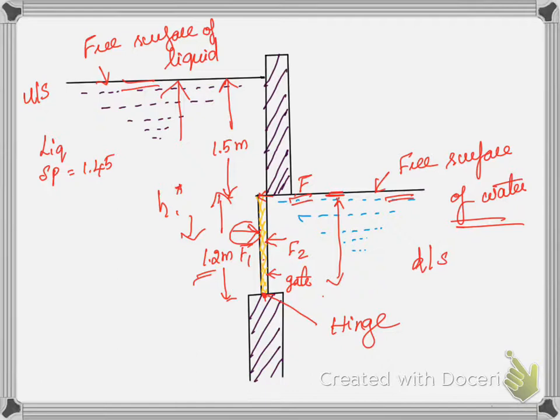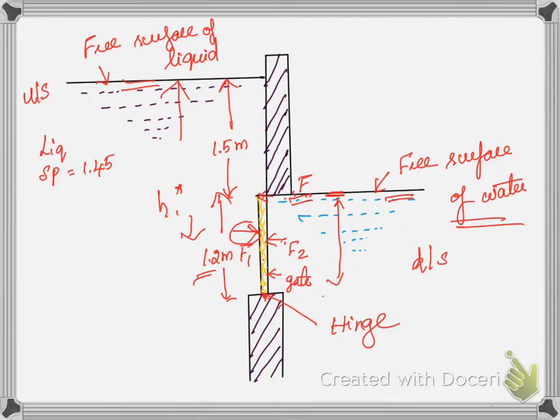You know, force into perpendicular distance is called our moment. So about the hinge, the force F into perpendicular distance is 1.2. Next is force F2 into perpendicular distance 0.4, which is the distance of F2 from hinge that you have calculated. Both these forces are moving in the anti-clockwise direction.